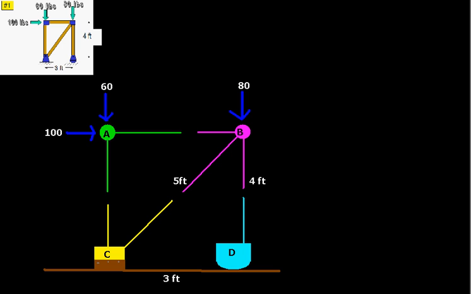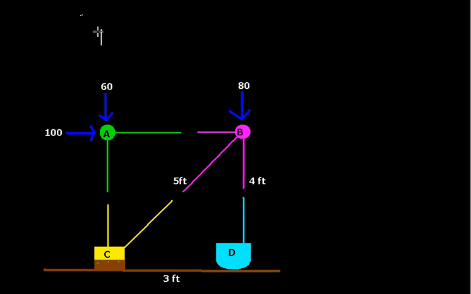First off, let's just review what our sines and cosines are in this case. Let's say that this angle is theta, right?